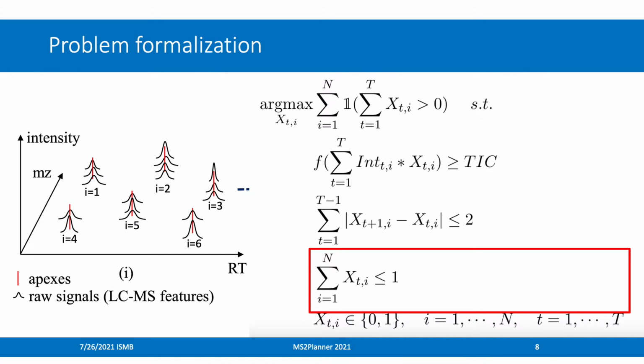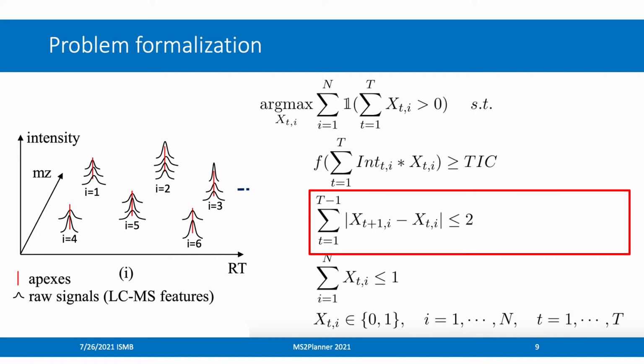Here, we assume that we will only schedule one data acquisition path, which means at each retention time, we will only collect the data for at most one cluster, and that is the second last constraint. This constraint can guarantee for each cluster, we will only collect data within a single retention time interval. In other words, we will not obtain the tandem mass spectrum of the same precursor multiple times.